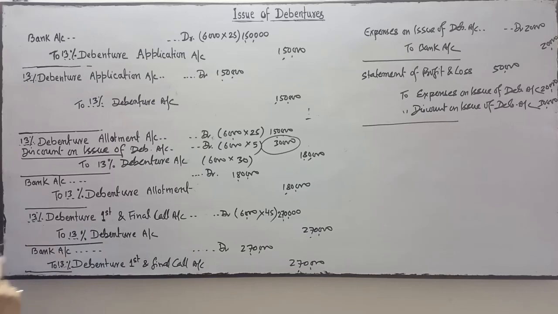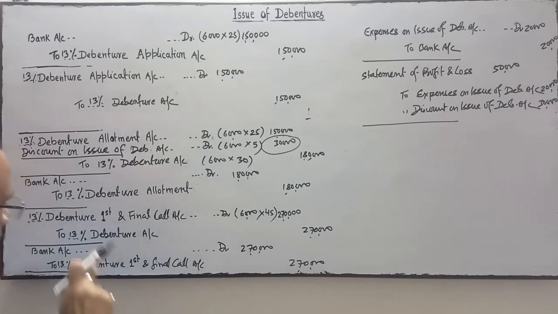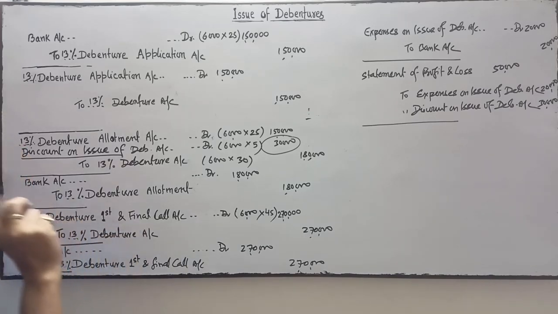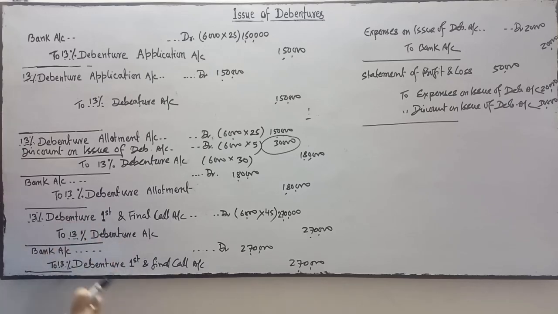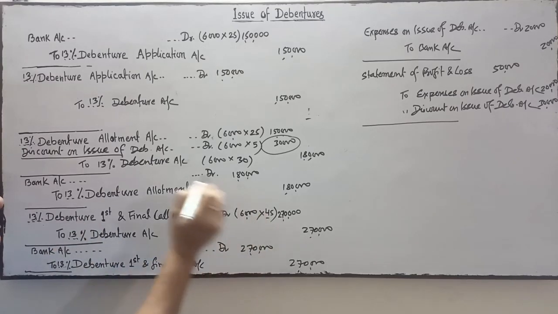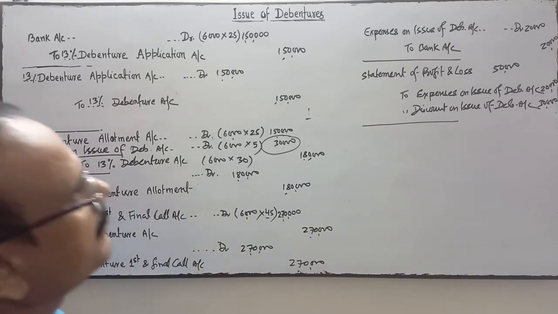Here the entry narration will be being debenture first and final call money due on 6,000 debentures at the rate of rupees 45 per debenture. And here, being debenture first and final call money received.